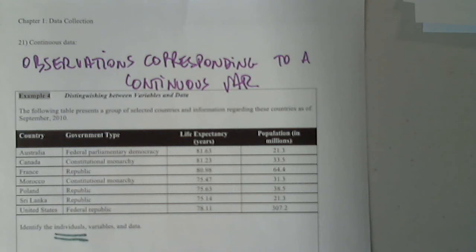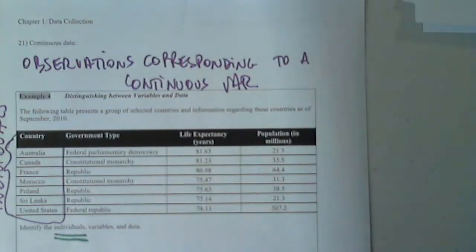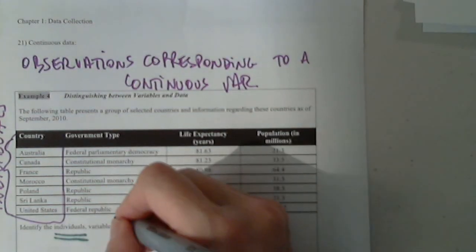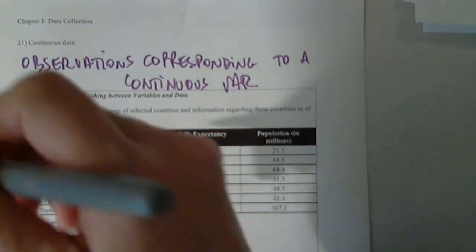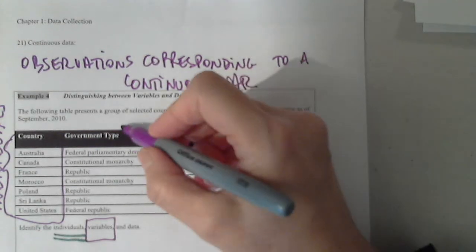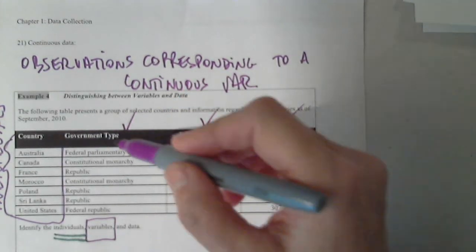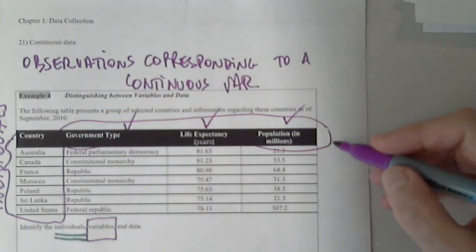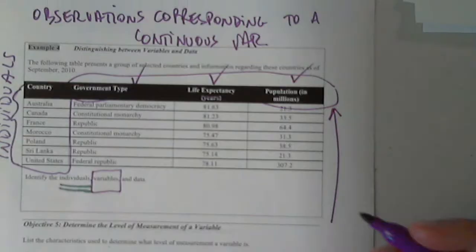So can anyone identify the individuals that we are running the study on? Who? Excellent. Individuals. What are the variables that we collect on these individuals? Government type, life expectancy, population. So all these three represent variables.